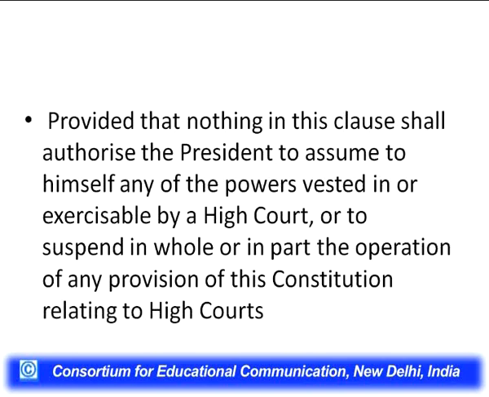But if you see the proviso to clause 1 of Article 356 of the Constitution, it says that nothing in this clause shall authorize the President to assume to himself any of the powers vested in or exercisable by the High Court, or to suspend in whole or in part the operation of any provision of this Constitution relating to High Courts.